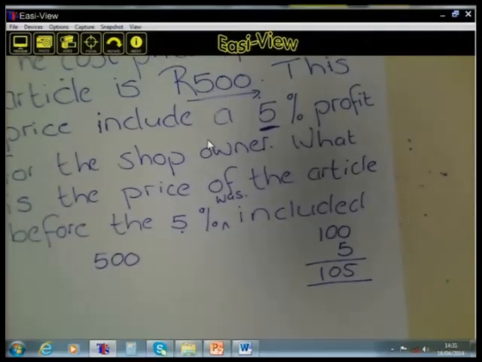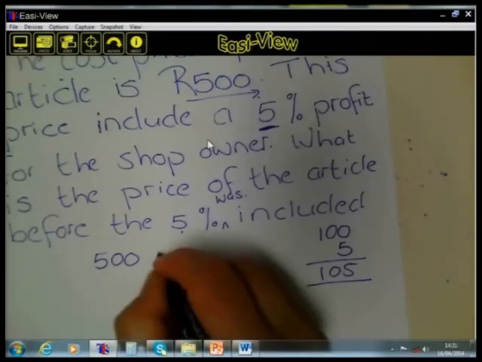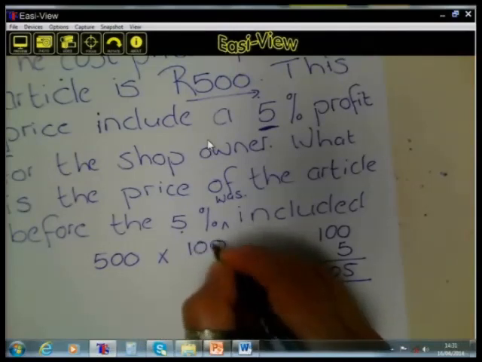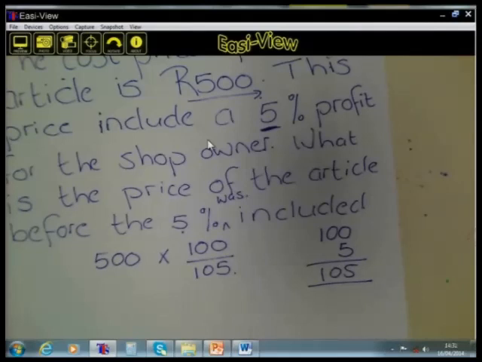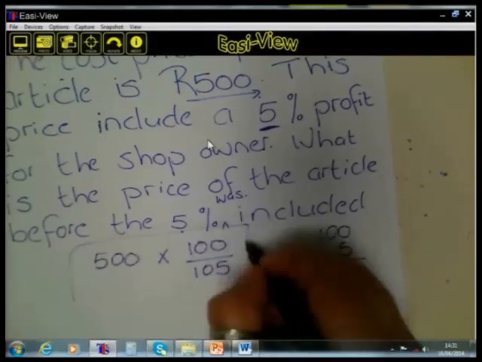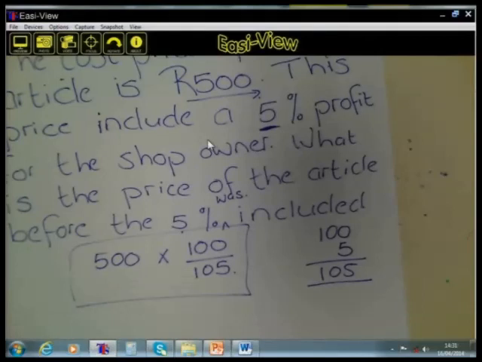And we will do the reverse calculation where we take the amount, multiply by 100, and divide by the total of the 100% plus the percentage that was already included. So giving us the reverse percentage calculation.